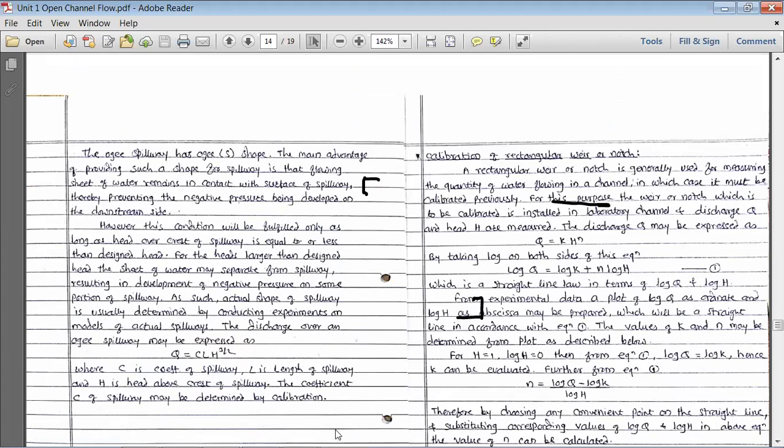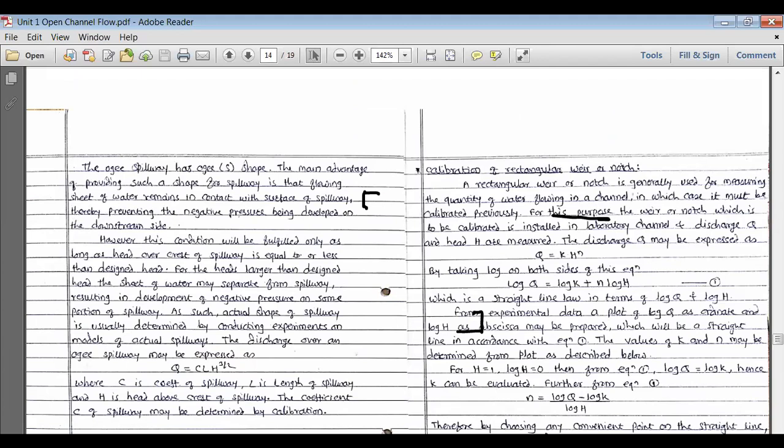Let me check whether it is the last point or anything else remains.